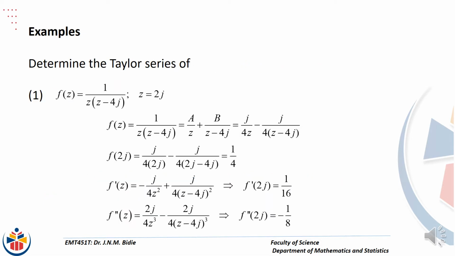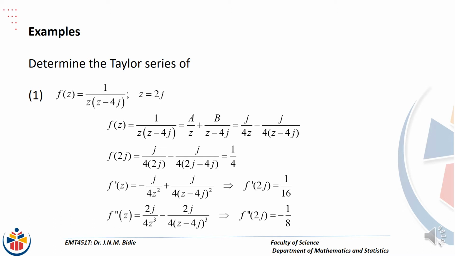Then in this example, f of z is given to be 1 over z into z minus 4j, and z naught is equal to 2j. In our partial fractions, note that we just decided to split that function into partial fractions just for ease of differentiation.